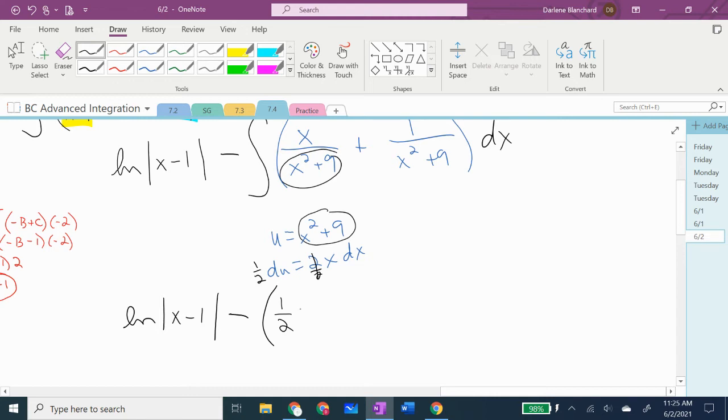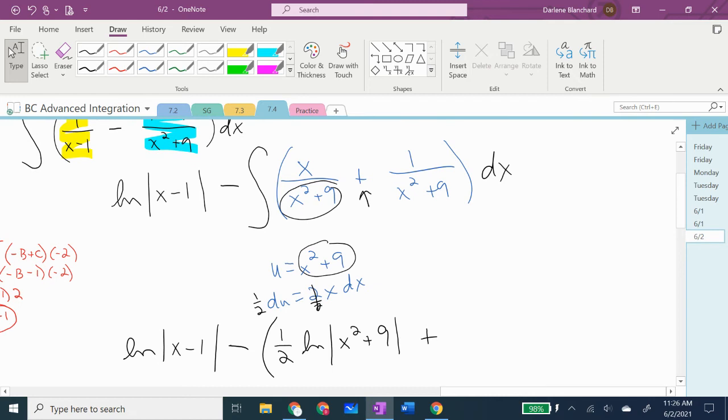The rest of it is integrate 1 over u, natural log of absolute value of u, which is x squared plus 9. X squared plus 9 is positive at all times, so I don't need the absolute value if I don't want to put it down. Then this plus sign.